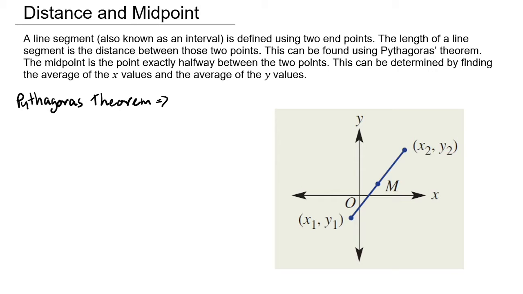And the way we wrote that down was c squared equals a squared plus b squared. Now you might have a squared plus b squared equals c squared. Doesn't matter, both equal to each other.